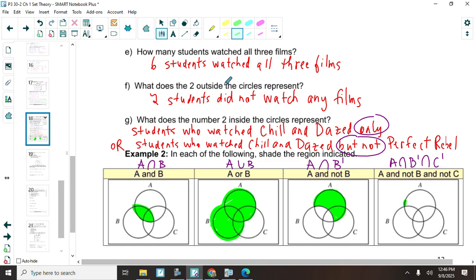A, not B, not C. That would be that little one. See here how we said but not means only. So when we have all of these, this is how we get the A only. A and not B and not C gives us A only.